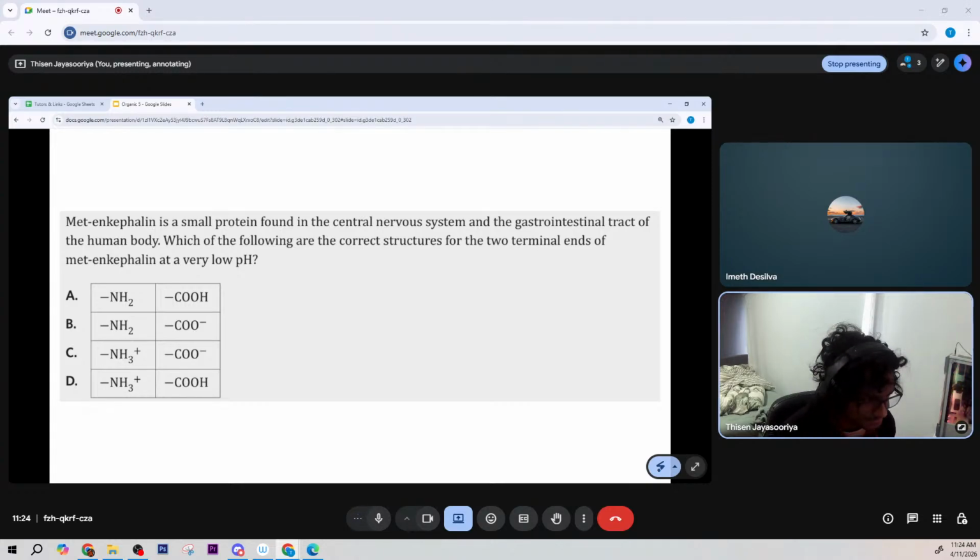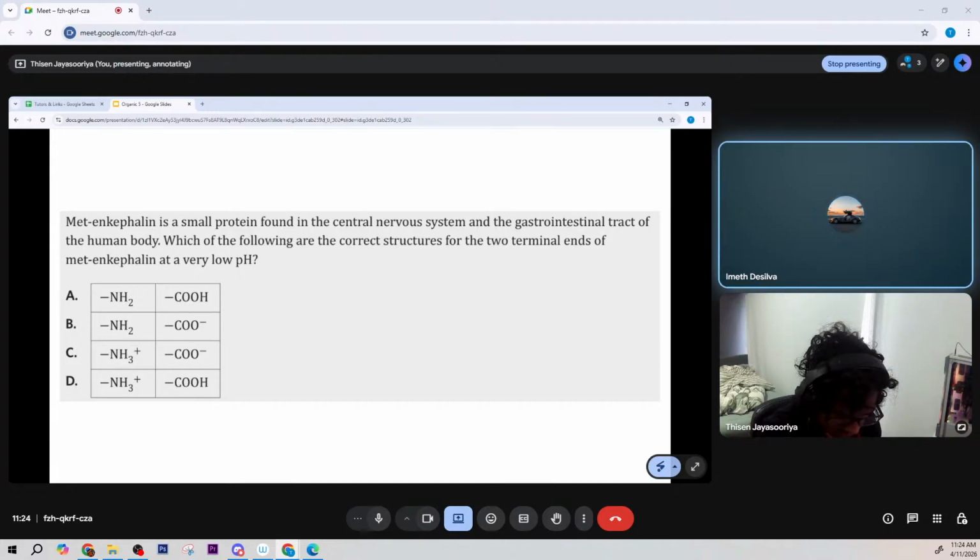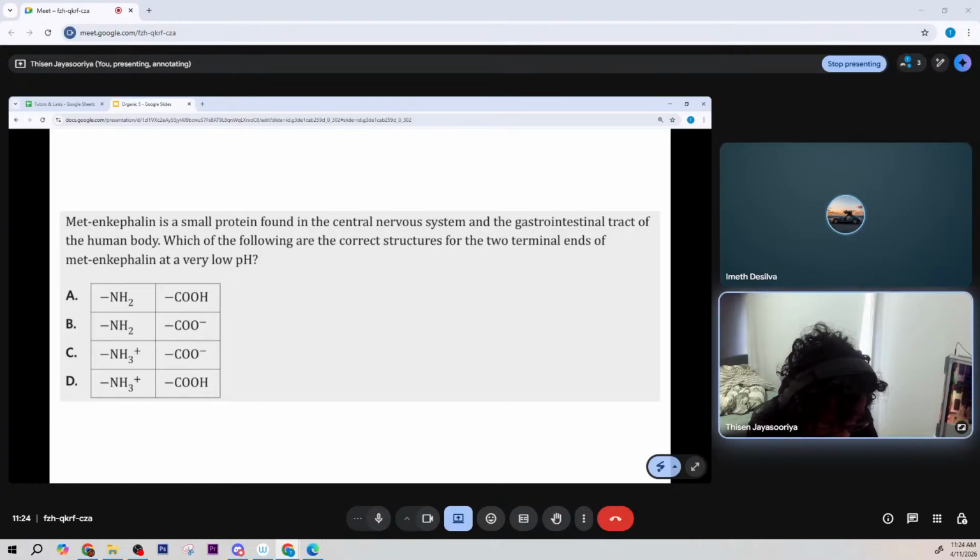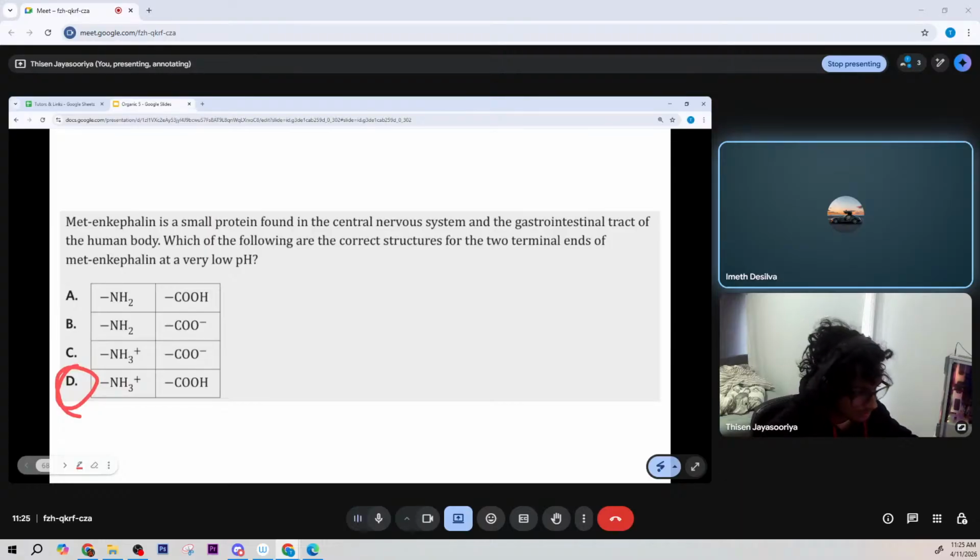What does it act as? It acts as a base. So what is it going to be? A, B, C, or D? It's going to be D.